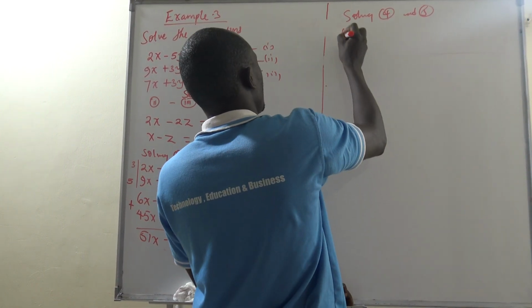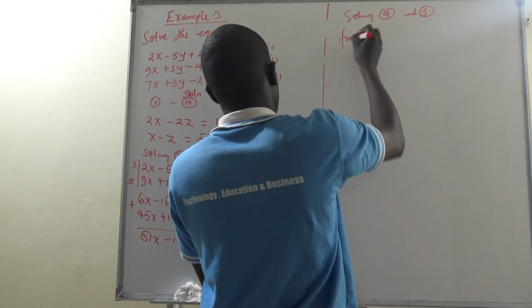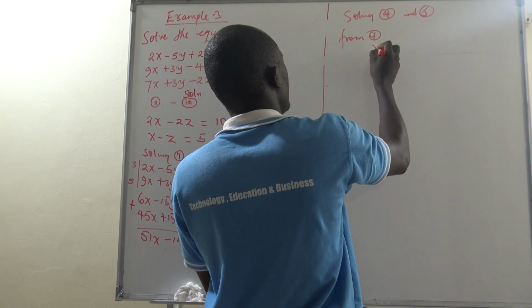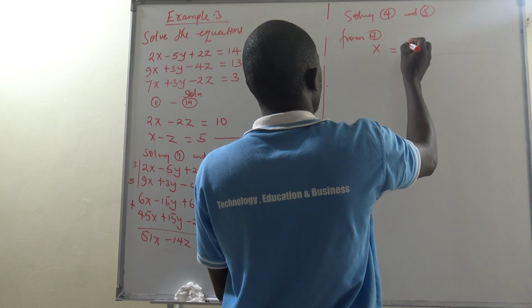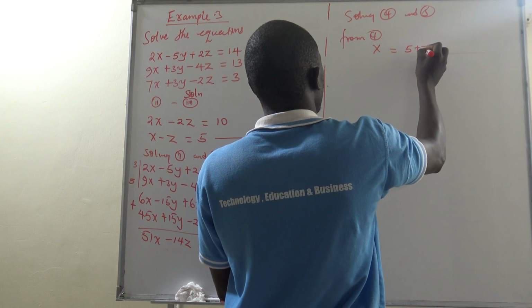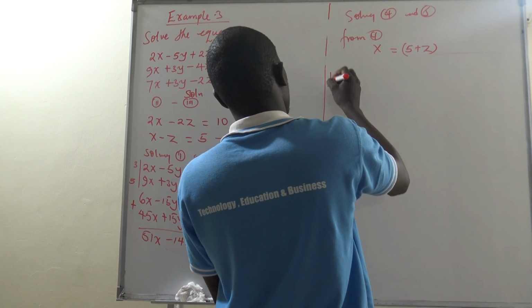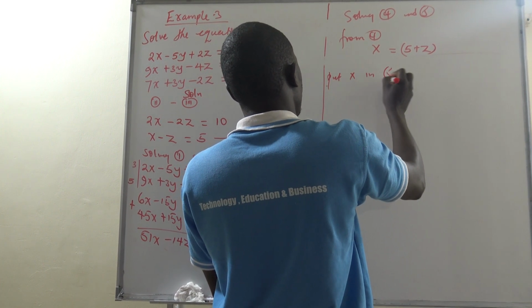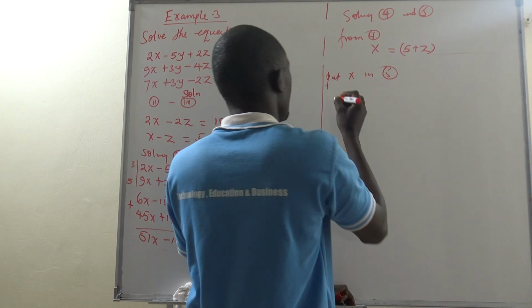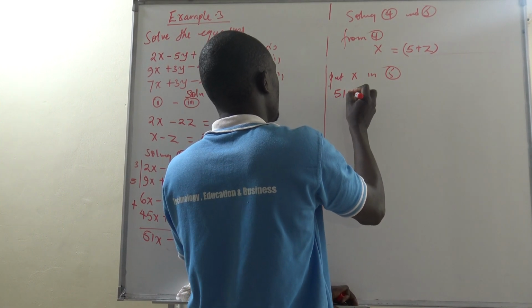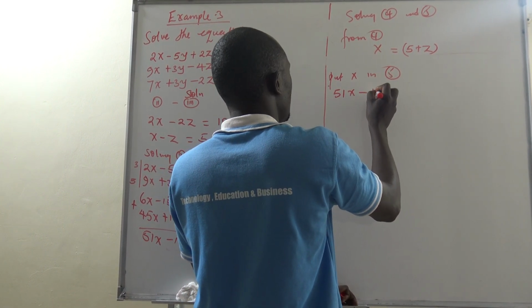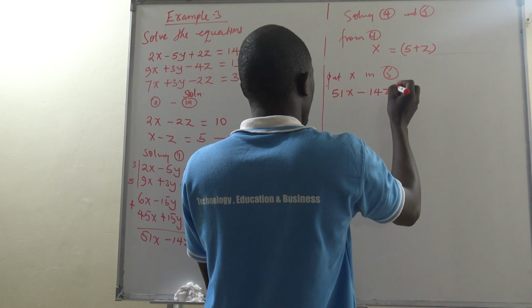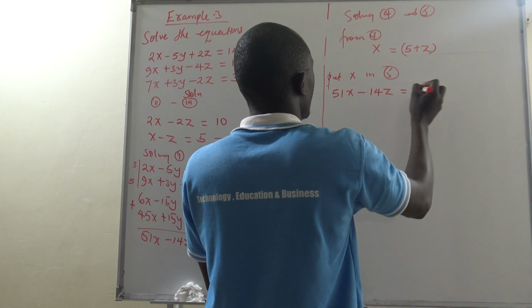We can say from 4, make x the subject. X becomes 5 plus z. So we put x in 5. What is equation 5 saying? 51x minus 14z equals 107.